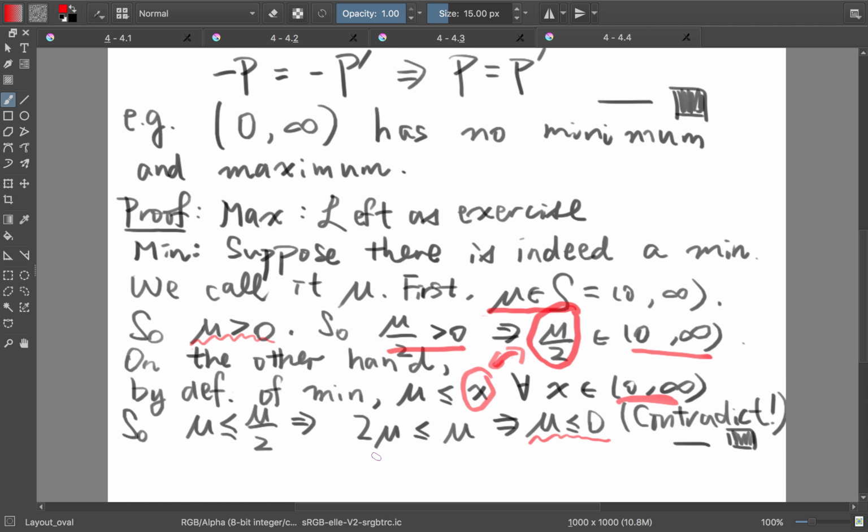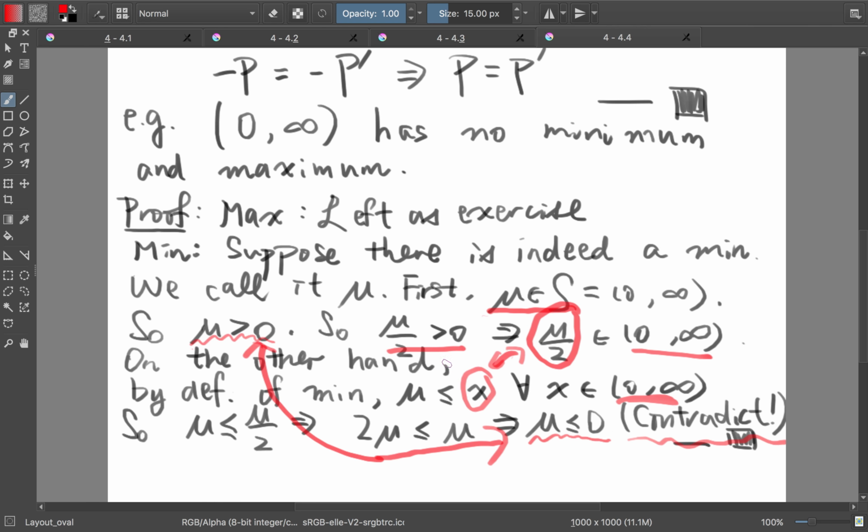So multiply both sides by 2, we get 2 mu is smaller than or equal to mu, and if we subtract mu from both sides, we get mu is smaller than or equal to 0. Remember, we have proved that mu is greater than 0, but now we found that mu is smaller than or equal to 0. These two statements indeed are contradictory.